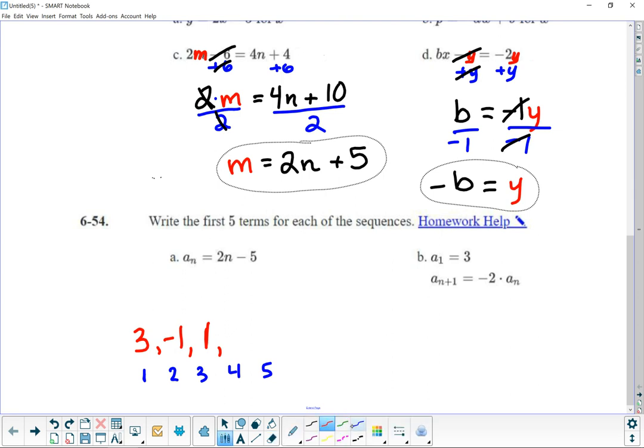To find out our fourth term, we got to put a 4 in place of the n, which means 2 times 4. 2 times 4 is 8. 8 take away 5 is 3. Oh, you know what? The first one comes out to be negative 3.